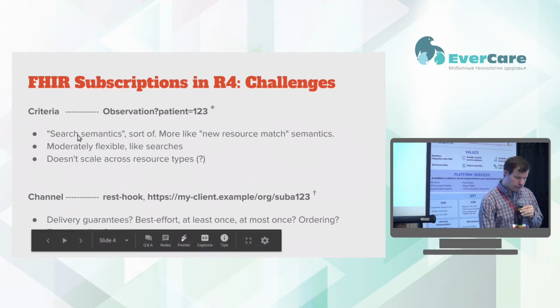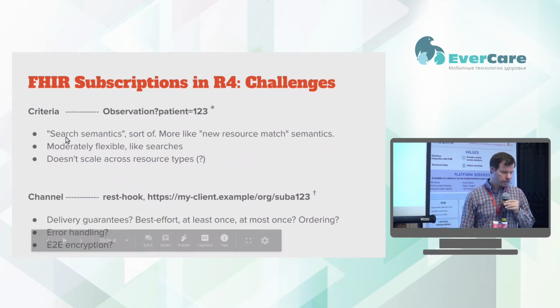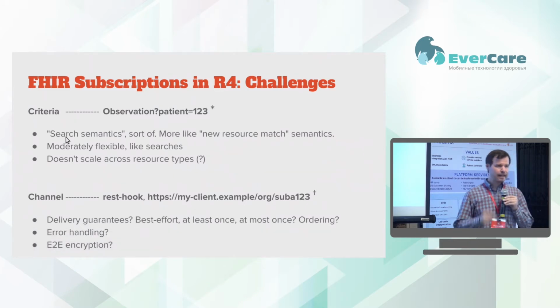So the first challenge or the first issue with criteria was really the issue of what exactly are you getting? Are you finding every time there's a new match in your search, or are you learning about when new resources are created, what exactly is the model?